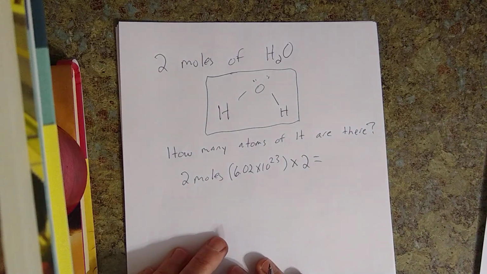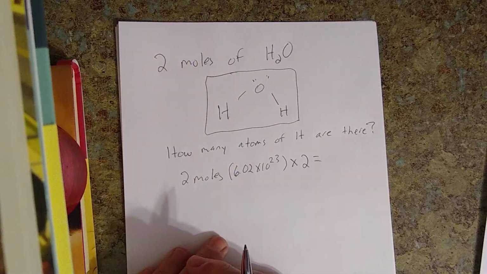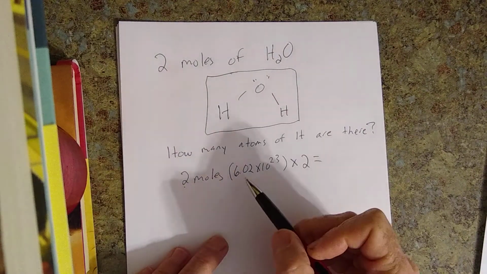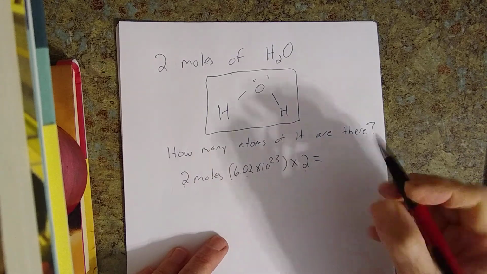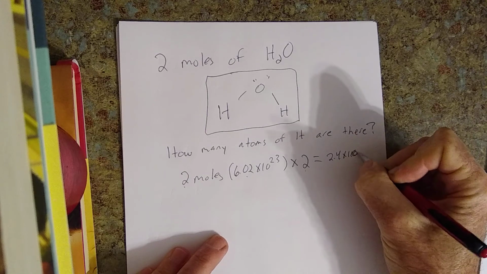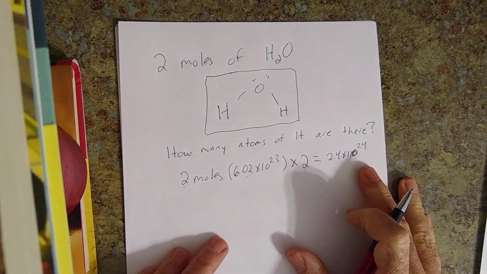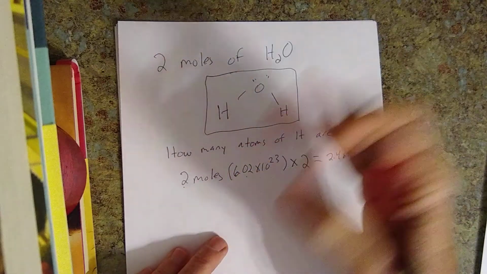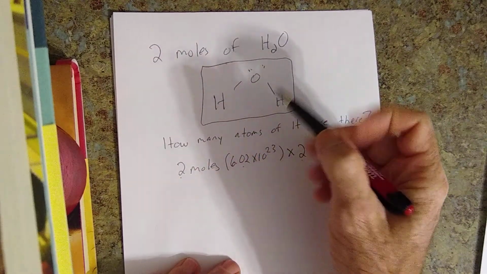So how many atoms of hydrogen are in 2 moles of water? You'd end up with 2 times 6.02 times 10 to the 23rd times 2 again. So it would give you 2.4 times 10 to the 24th if you do that on a calculator. Does that make sense? Now what this is like, we're having to think about individual pieces on there.